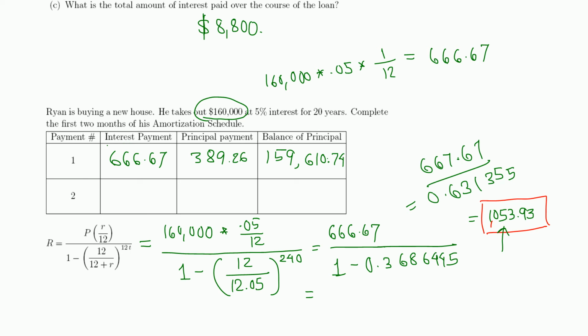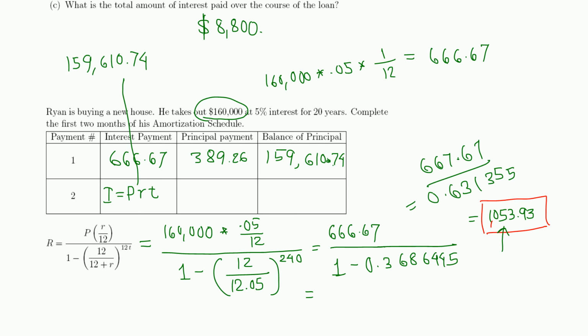Now for the second one, we need to do the same thing. Interest is PRT, but the principal is now less than the original. After the first payment the principal is a little bit down. So P is 159,610.74.